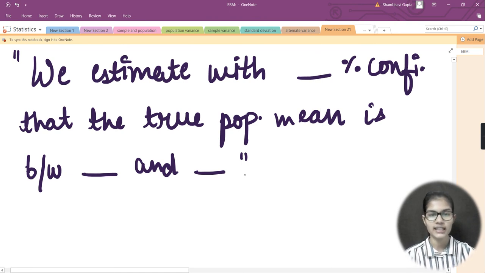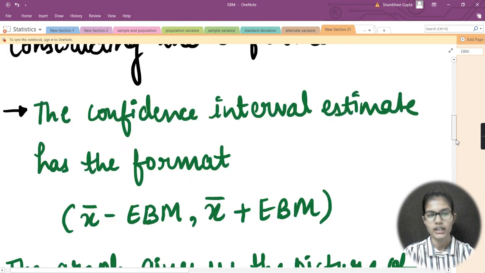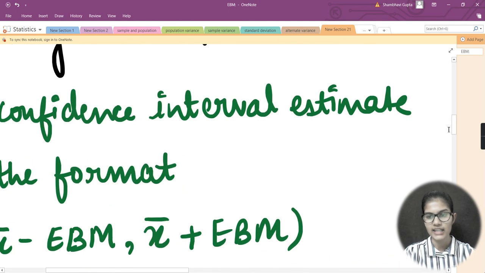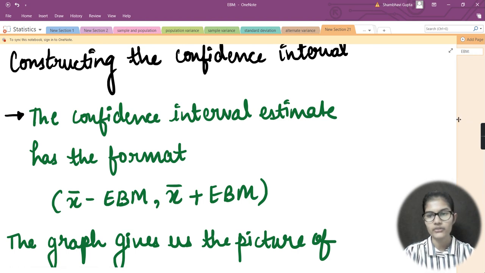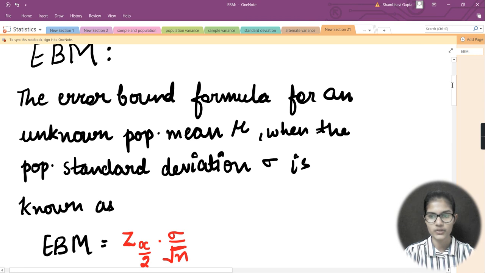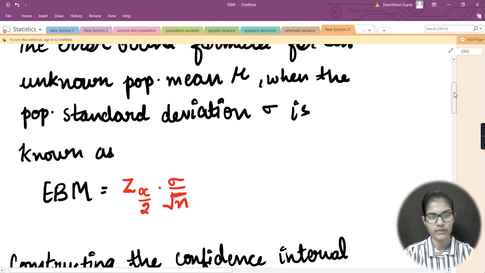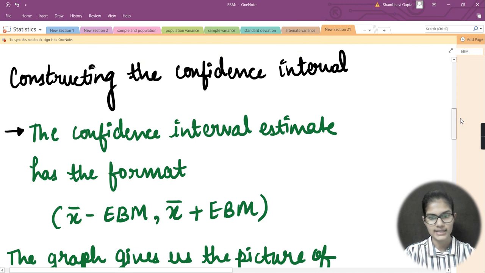So this is how we write things. Let me go above for a while. At the very first, I explained the EBM, what it is and the procedure for finding it. After that, we saw how to construct the confidence interval.